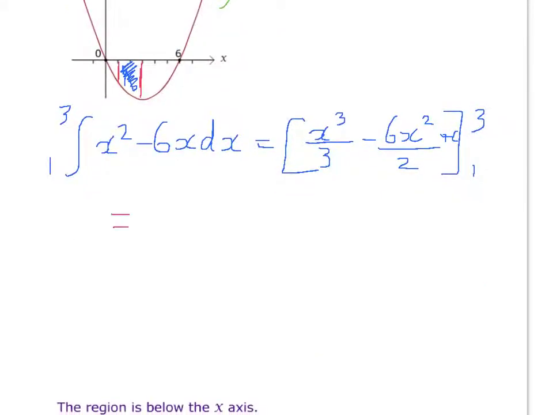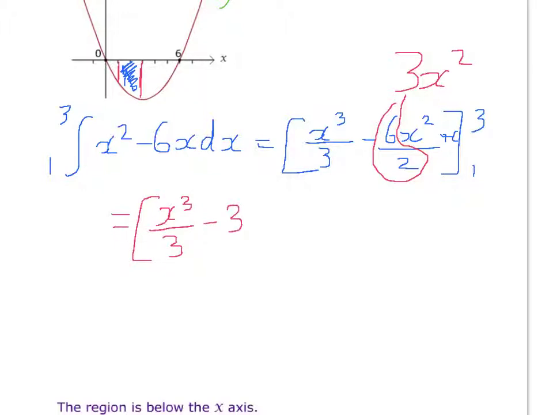Just remember here that 6 divided by 2 is 3. So this part here we could simply write as 3x squared. So x cubed over 3 minus 3x squared, and we're putting in 3 and 1.